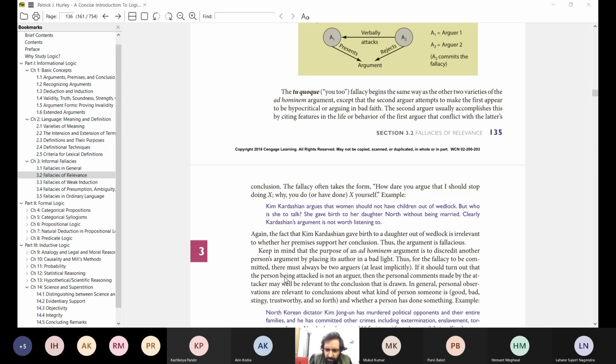There's a term in current political discourse that maybe it's not that current. Certainly a few years back, it was more current. That should remind you of this tu quoque fallacy.